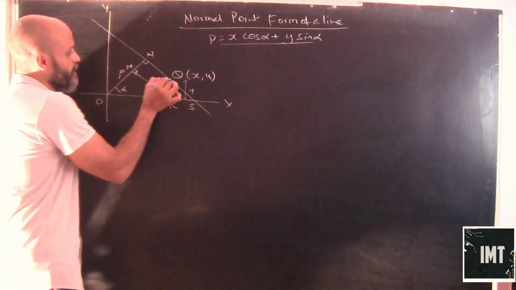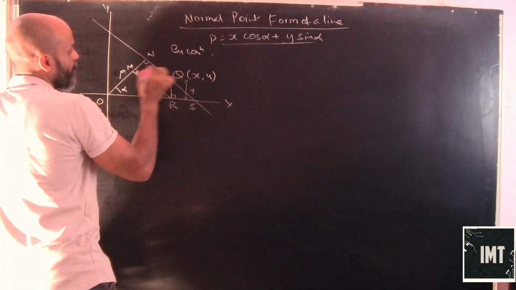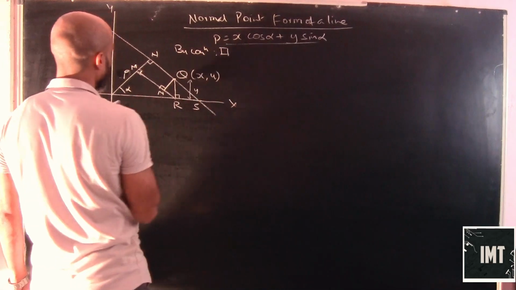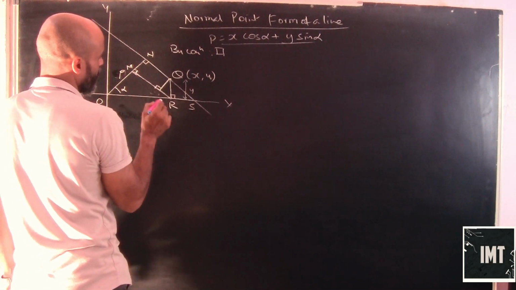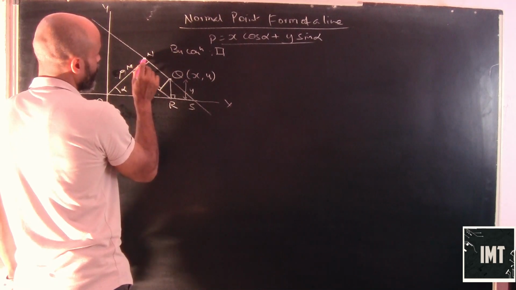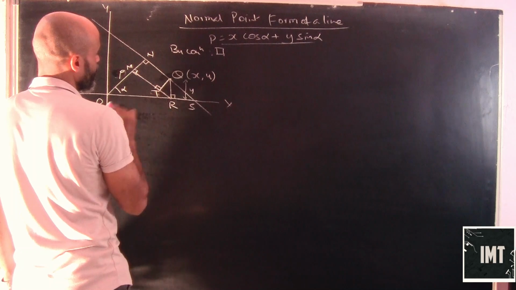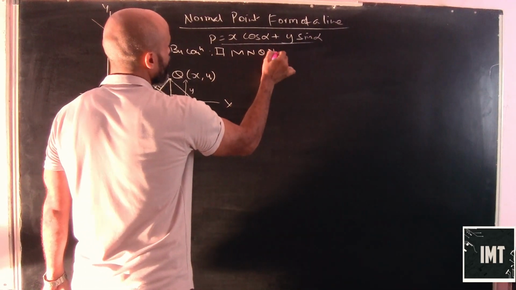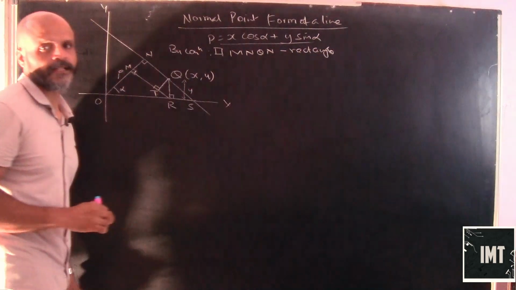If you look into this, by construction we can say that quadrilateral MTQN, let's say T, definitely is a rectangle. MTQN is basically a rectangle.